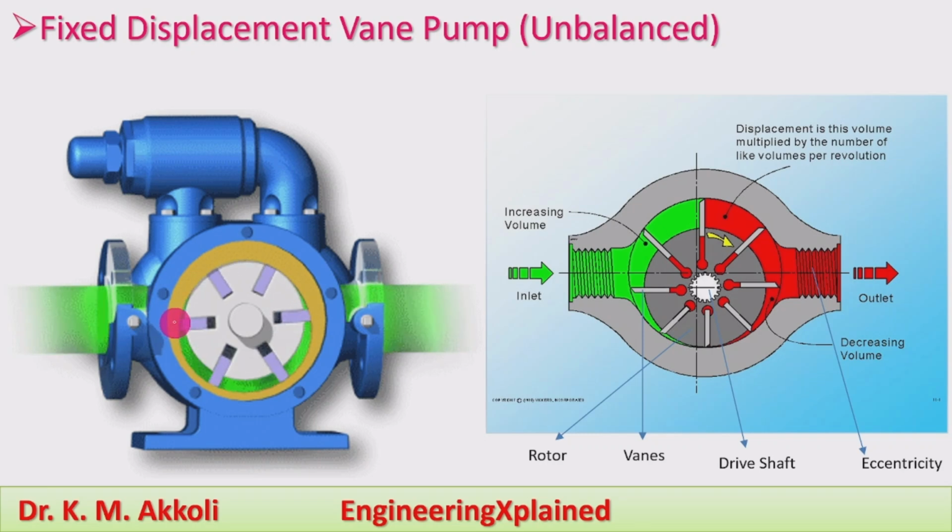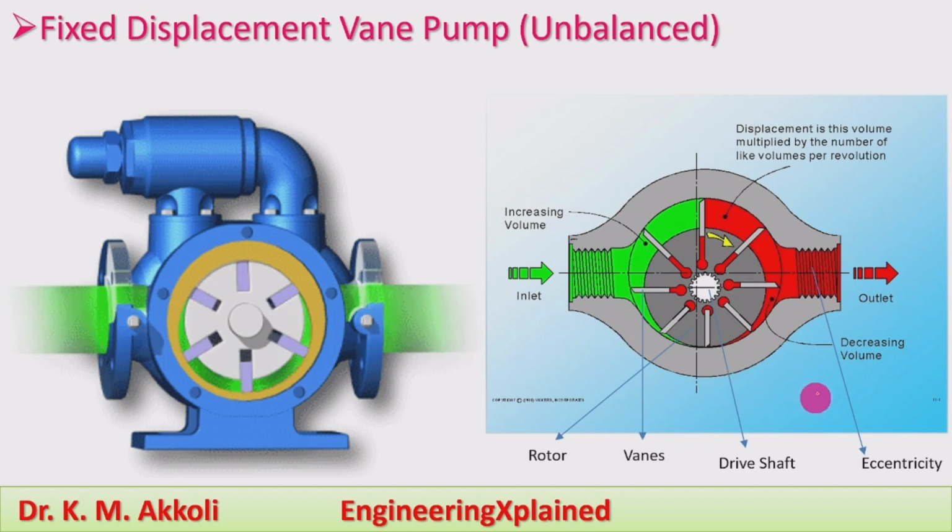The certain quantity of fluid between the two vanes will be carried around the rotation of the pump. And due to the eccentricity, whenever the vane moves inside the rotor, that reduces the volume and thereby increases the pressure, and due to that it will be discharged in the delivery line.